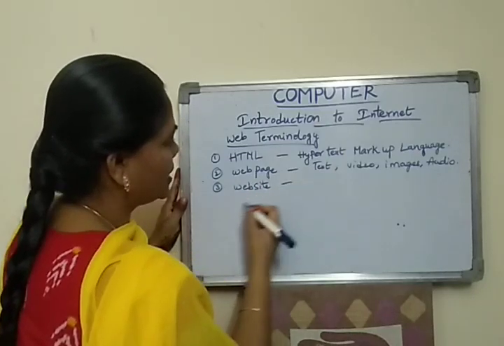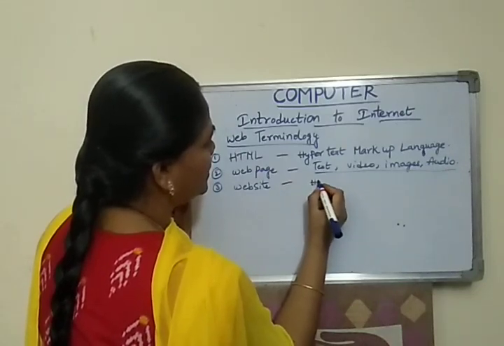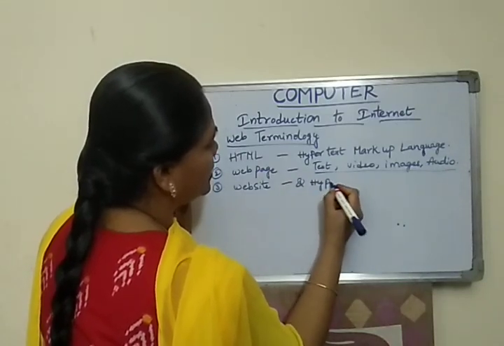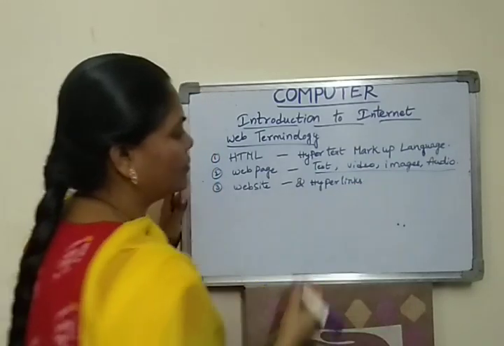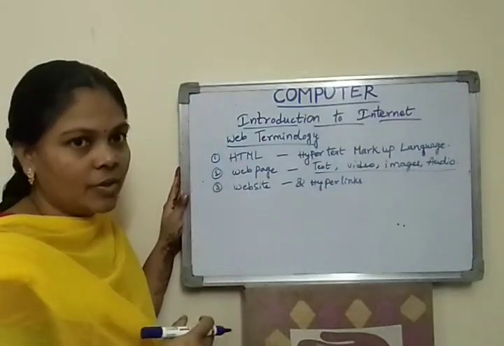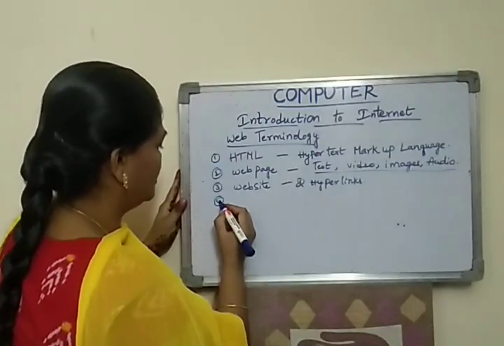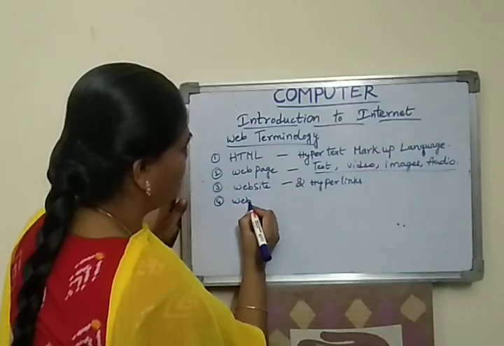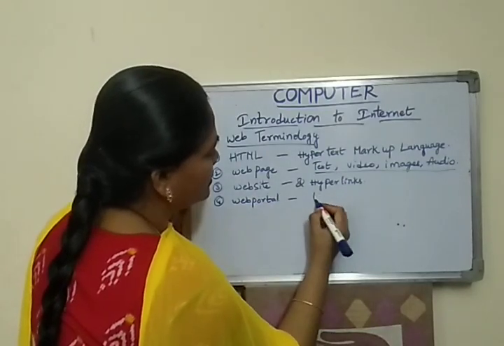A website can contain all these, and it can contain hyperlinks. It links to other web pages in the same website, or it can link to another website. Next one is web portal. It also contains the links.